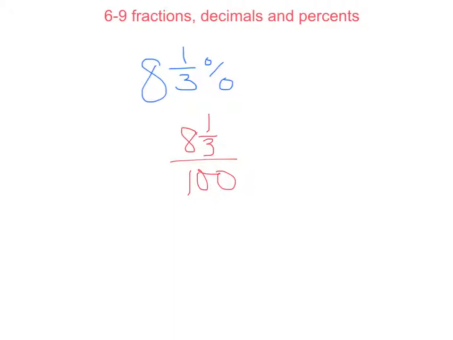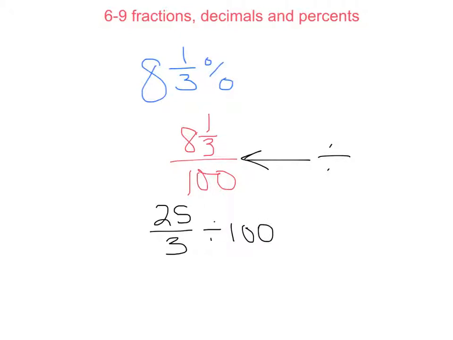So we actually need to divide. What this means is division. So this would read 8 1/3 divided by 100. So you want to turn your 8 1/3 into an improper fraction of 25 over 3 divided by 100.